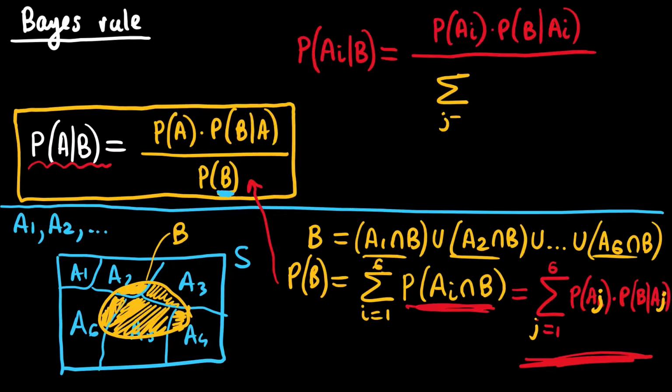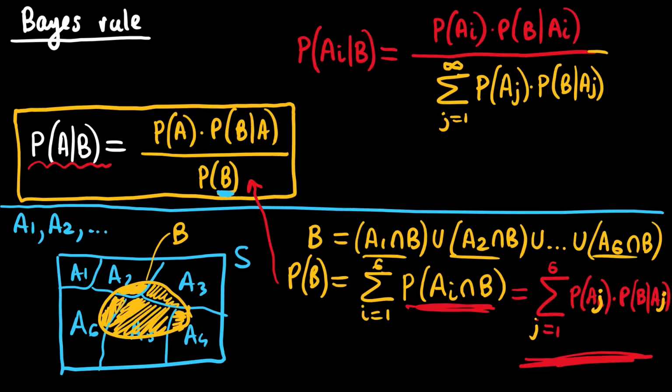So we have a sum as J goes from 1 to, and we worked with a partition of 6 sets, but we could have infinitely many of them. So we'll take that case and it'll be a summation of the probability of AJ times the probability of B given AJ.